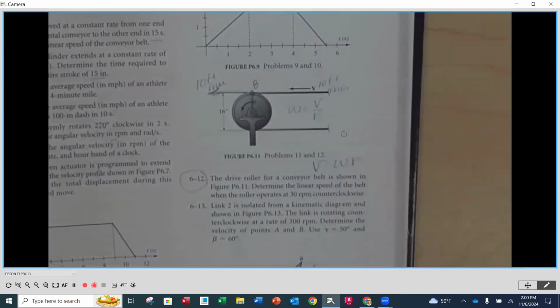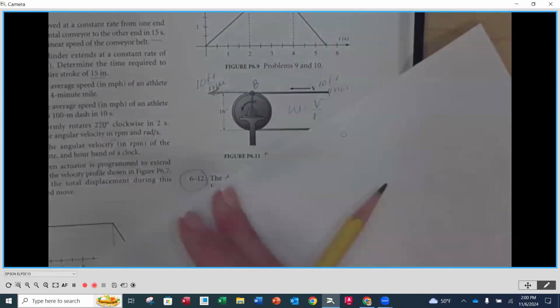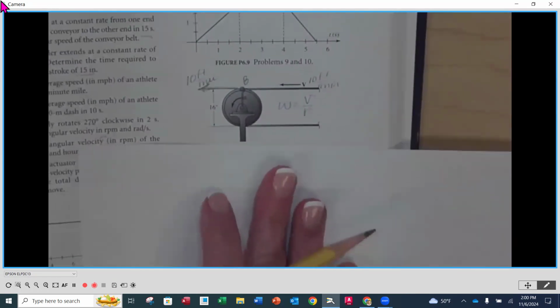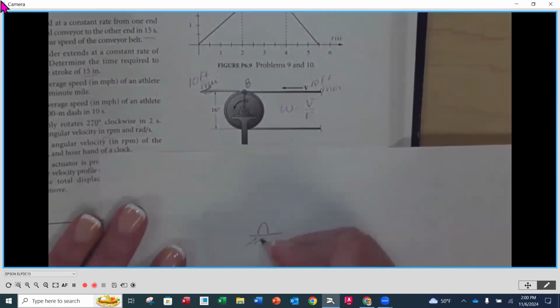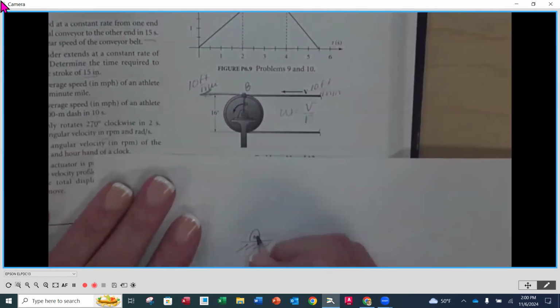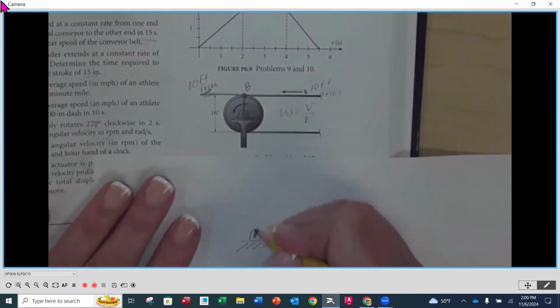So you're going to want to draw a diagram. The diagram is really easy. The diagram is simply relating back to our kinematic diagrams. If this is the center of rotation of that roller, we're just going to simply go straight up.